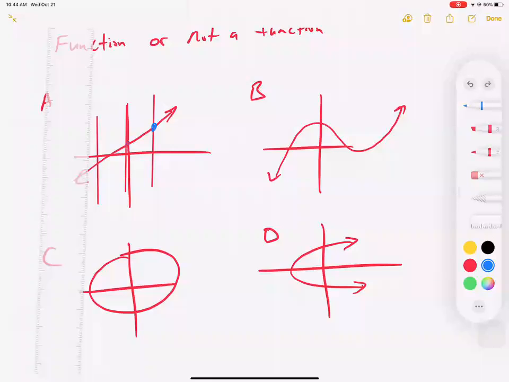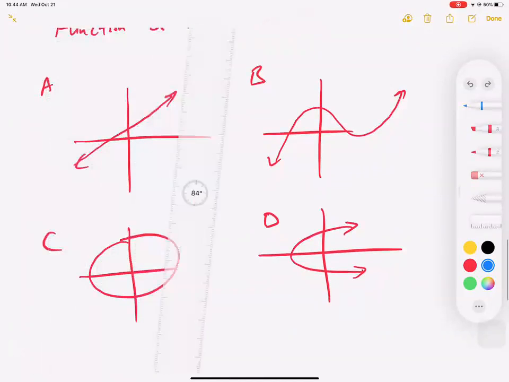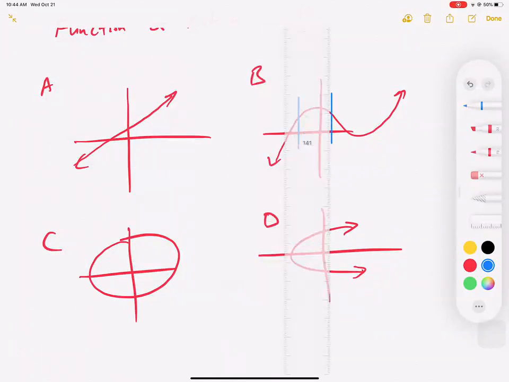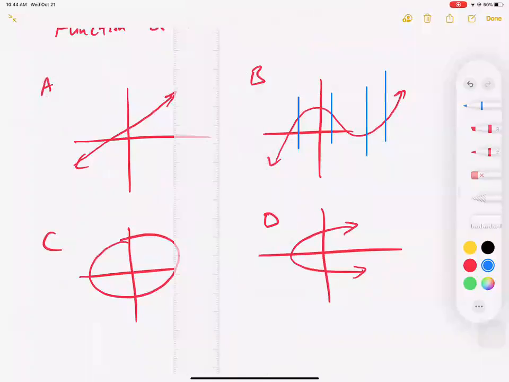You're only seeing one y value for every x. Let's see for B, does that still take place? Every time I pass my vertical line test over, for every x value, there's only one y value. Hey, that passes the vertical line test. That is a function.